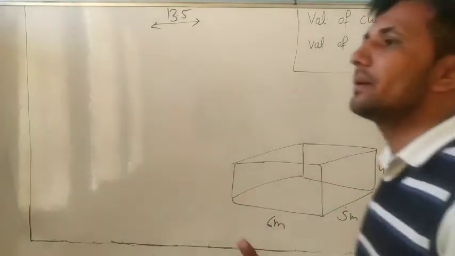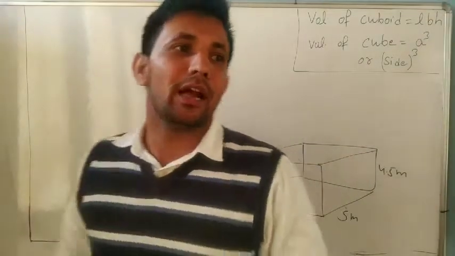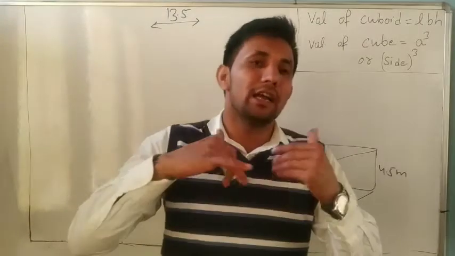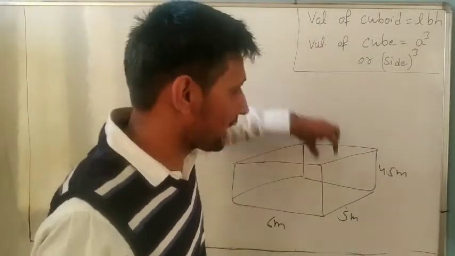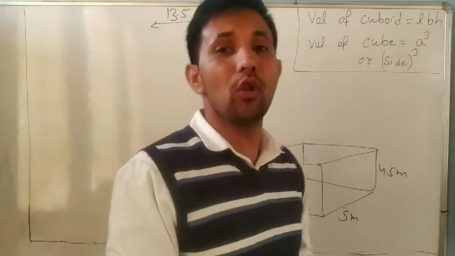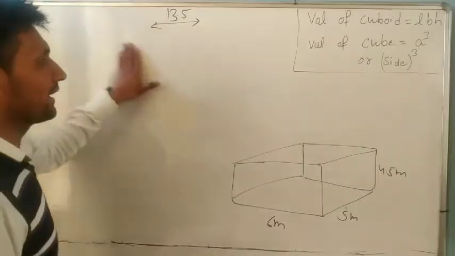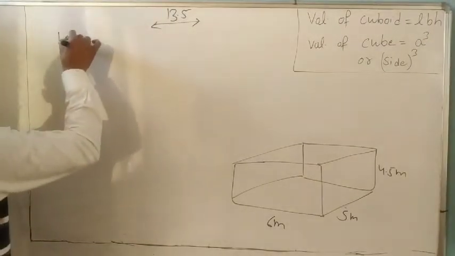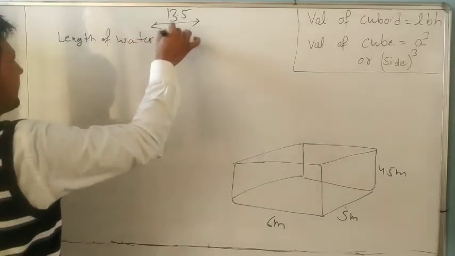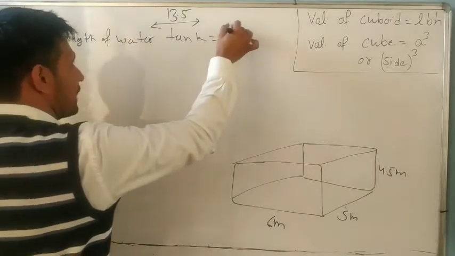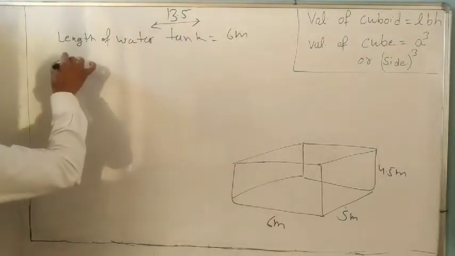Always remember, whenever the examiner asks you to find the capacity of the tank, or how much water it can hold, it means we are using the volume. So you can write yourself: length of the water tank, how much? 6 meters, same as it is.